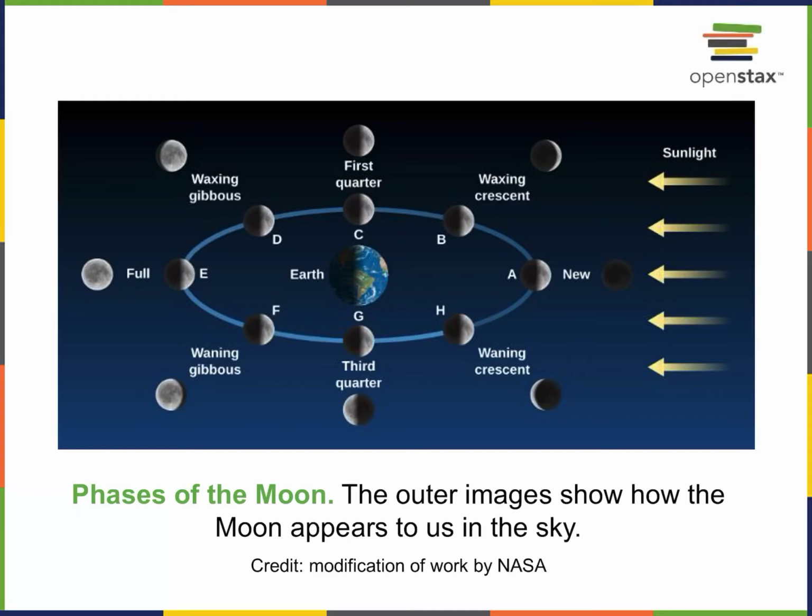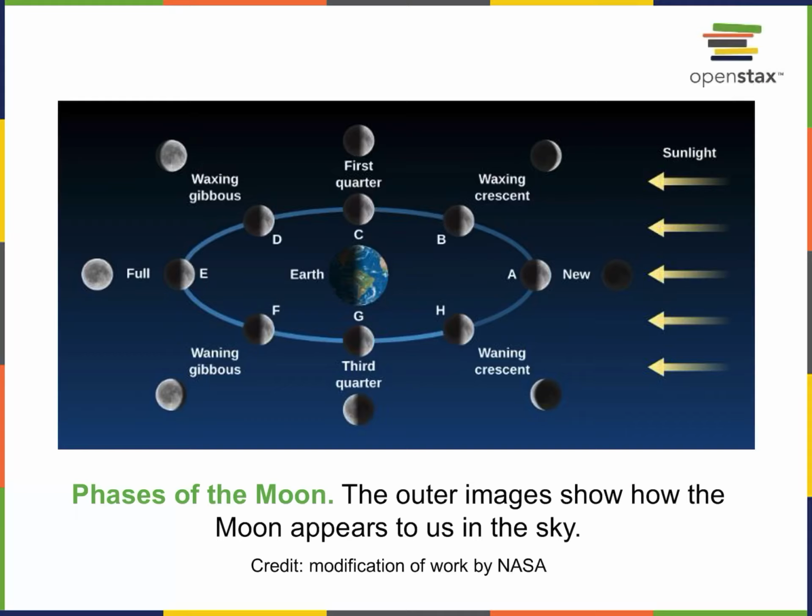Then we get into the waning or decreasing phases. Now the bright portion of the moon is on the left side, again, if you're in the northern hemisphere. When the moon is between full and half full, it's called a waning gibbous. When it's again half full, that's third quarter, which is sometimes called last quarter.